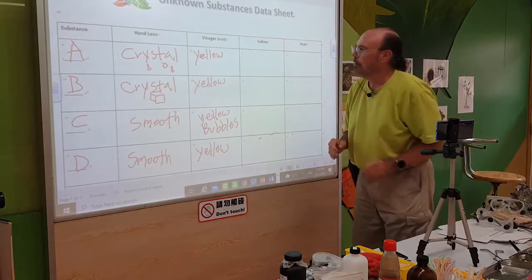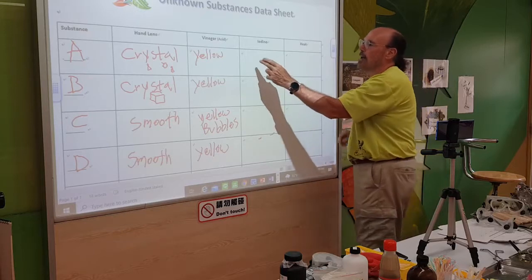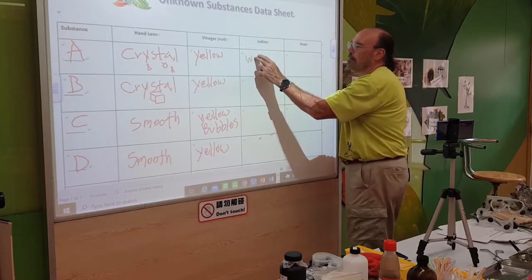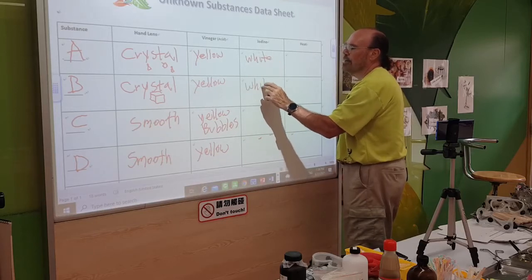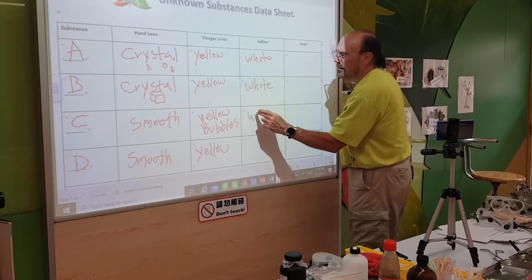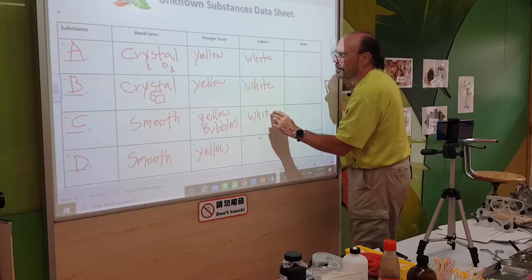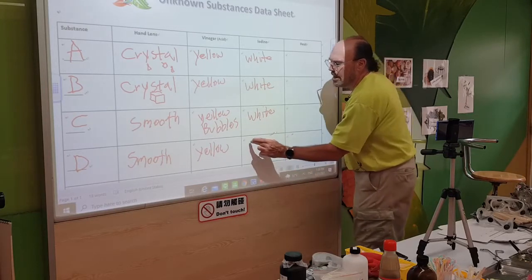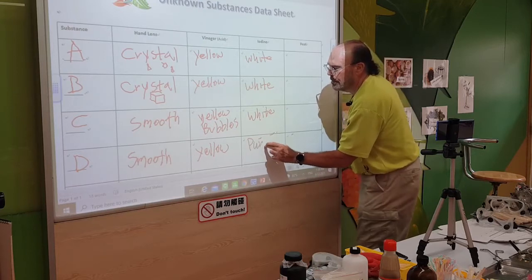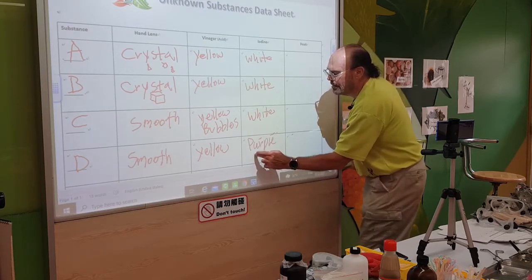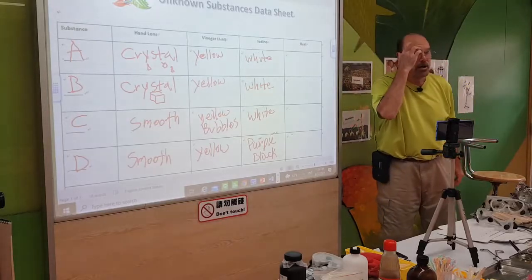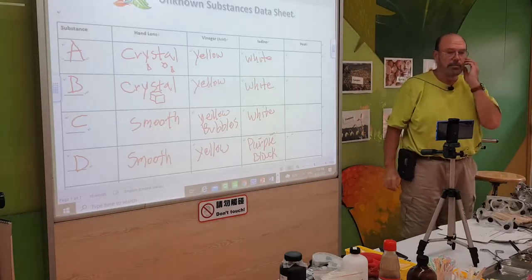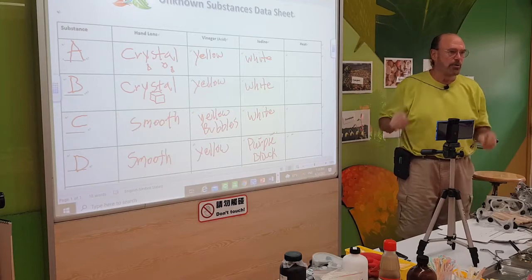Dark purple? All right, so iodine for A was white. Really no change. White. And purple or black. Maybe if the iodine is stronger, it would be black, but not so. Maybe older, it can be purple.